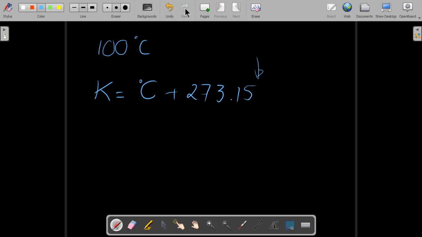So let me erase the place where the Celsius go. We're going to put the 100 in there. I'm going to put it in yellow. So 100 in yellow. Okay. And add it up. Put it in your calculator. What does it give you? It gives you 373.15.